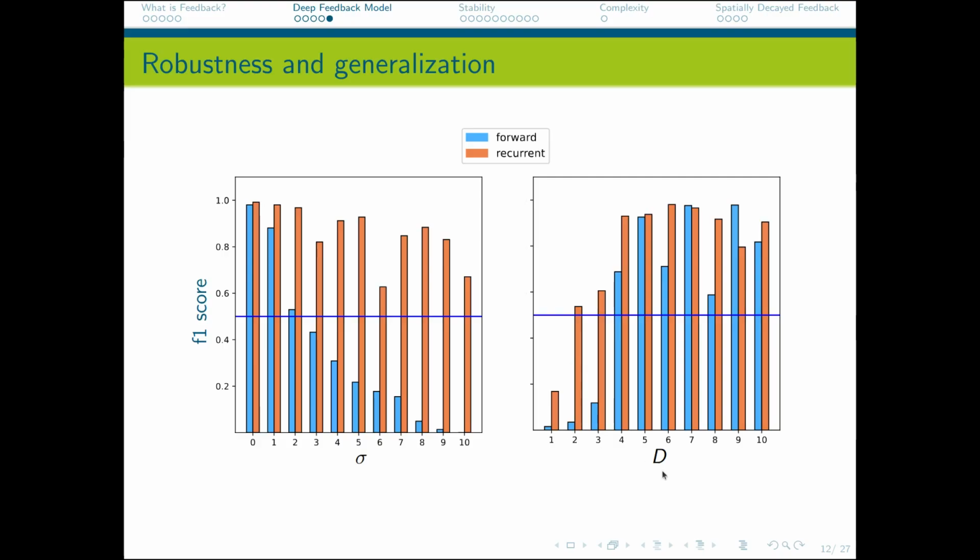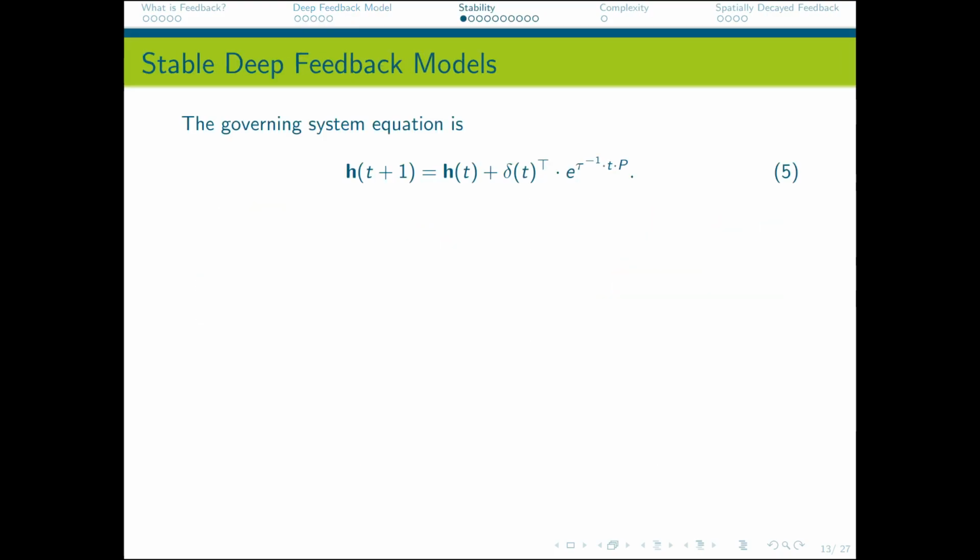On the right you have the same, but evaluated for the size of the training set. You can see that with 2 instances the feedback model is able to perform above random, whereas the feed-forward model needs twice the number of instances to generalize in this setting.